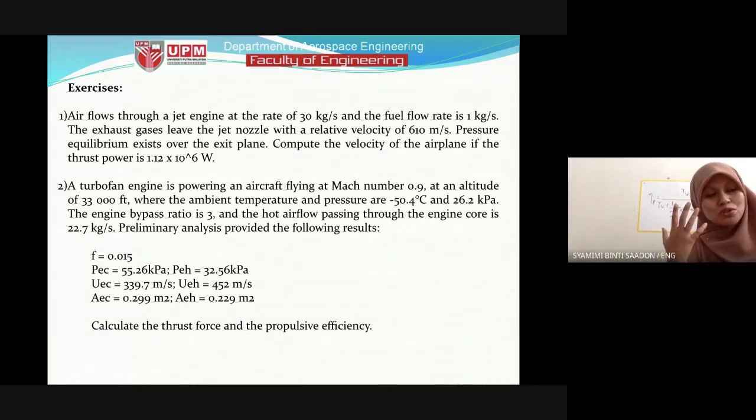It is more used to identify, if you want to save fuel, the usage of fuel. So we have to know how much fuel is used for each type of propulsion engine operation, takeoff for example, cruising.